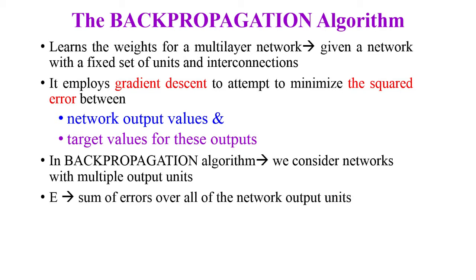Artificial neural networks use backpropagation as a learning algorithm to compute a gradient descent with respect to weights.